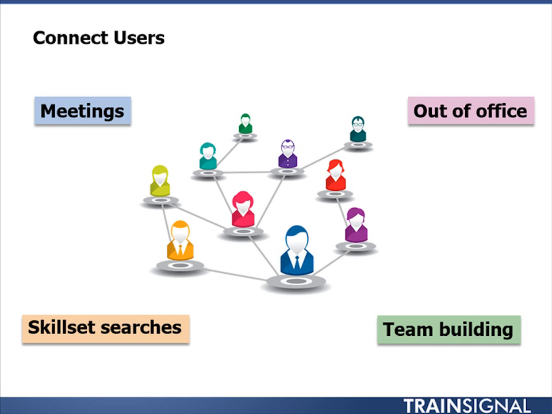It helps build morale. I'm a big believer that happy employees are productive employees, so if I can build morale, that's going to help improve productivity. So I can do a search, find all the different people that have self-identified themselves as football fans or runners, and then reach out to them, and away we go from there.